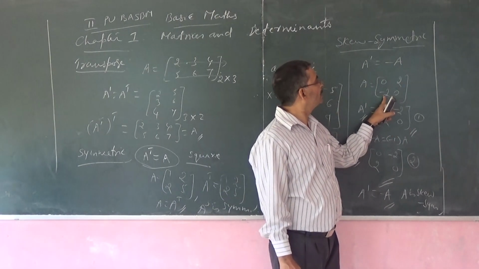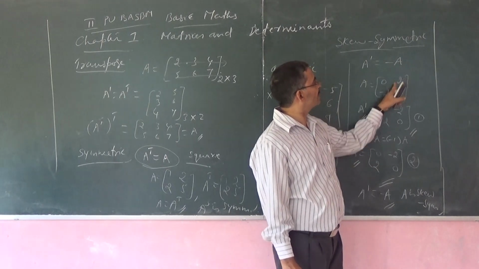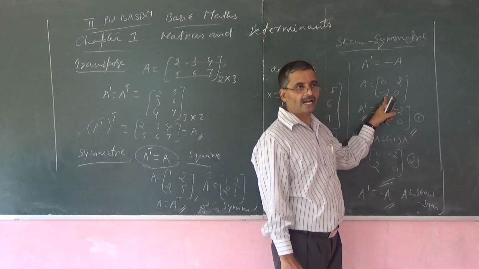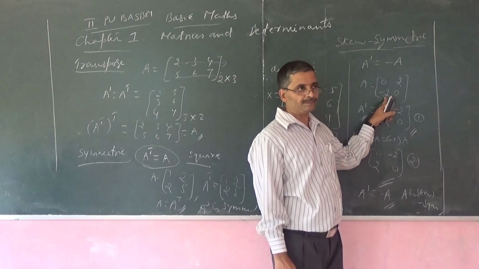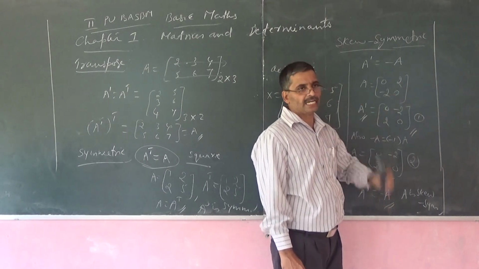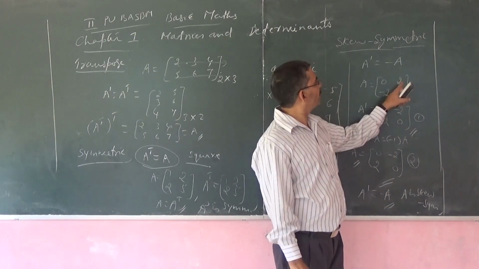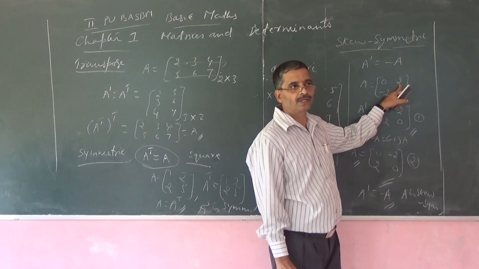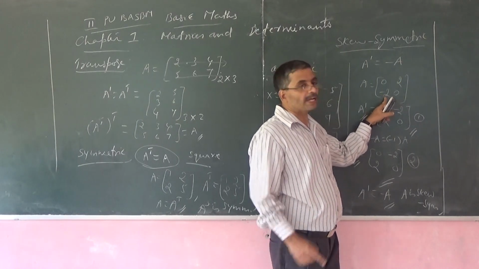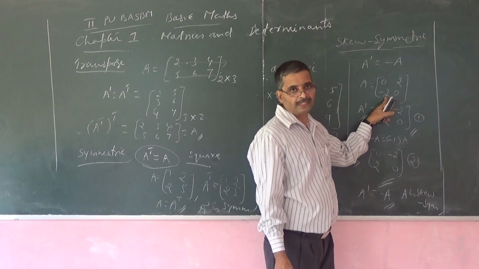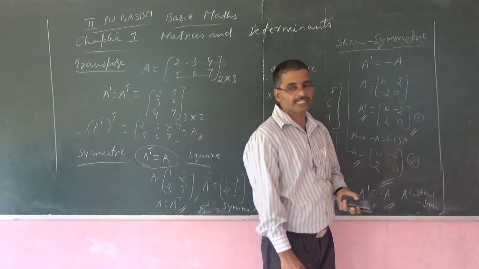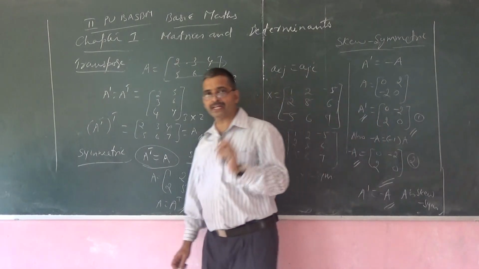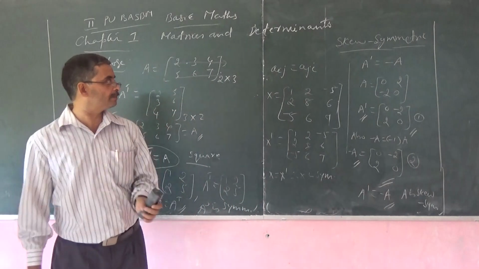So you should have Aij and Aji with the same value but with minus sign. A12 is 2, A21 is minus 2, like this. This is our order 2. So two conditions: one is main diagonal elements should be zeros.